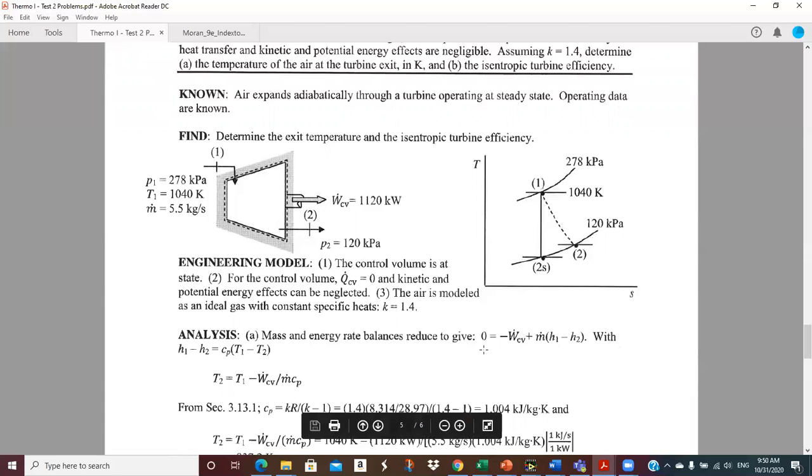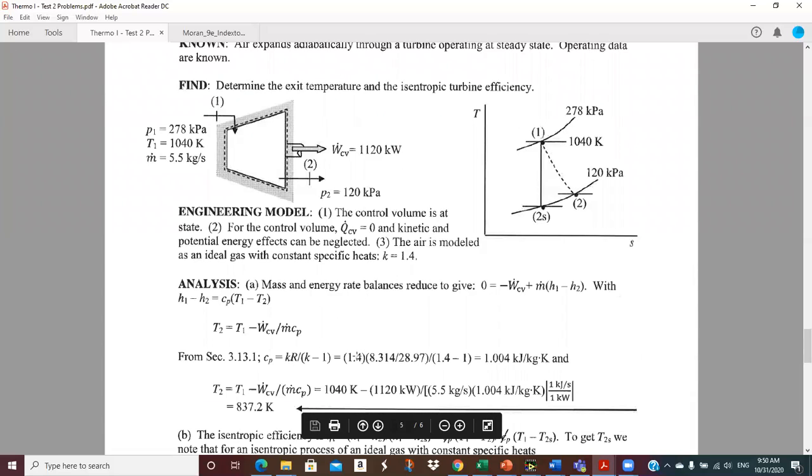So we put this in here. We have mass flow rate times Cp times T1 minus T2 inserted as part of this equation, and then we simply divide through by m dot Cp, and that clears out the temperature. Then I can move T2 to the other side of the equation, and bingo, I have an equation that will calculate T2, which I need to determine the enthalpy at this state.